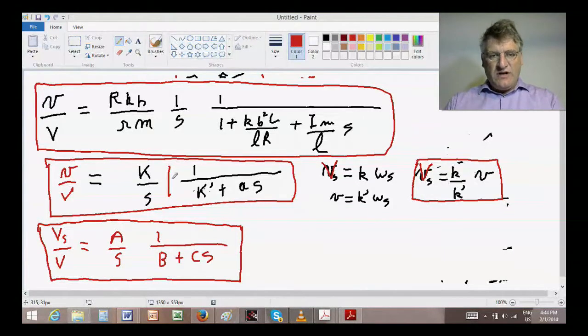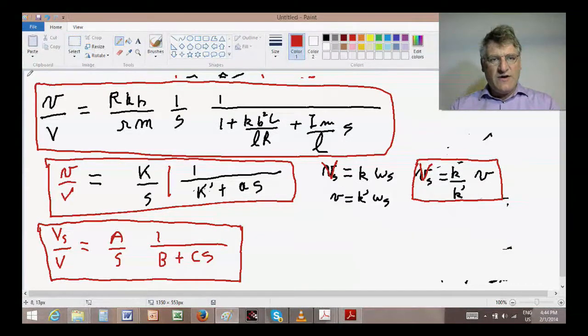So let's recall that the transfer function from output voltage to input voltage is A over S times 1 over B plus CS, and that we have Vs equal to K over K prime times V. And let's erase the rest of this transparency.